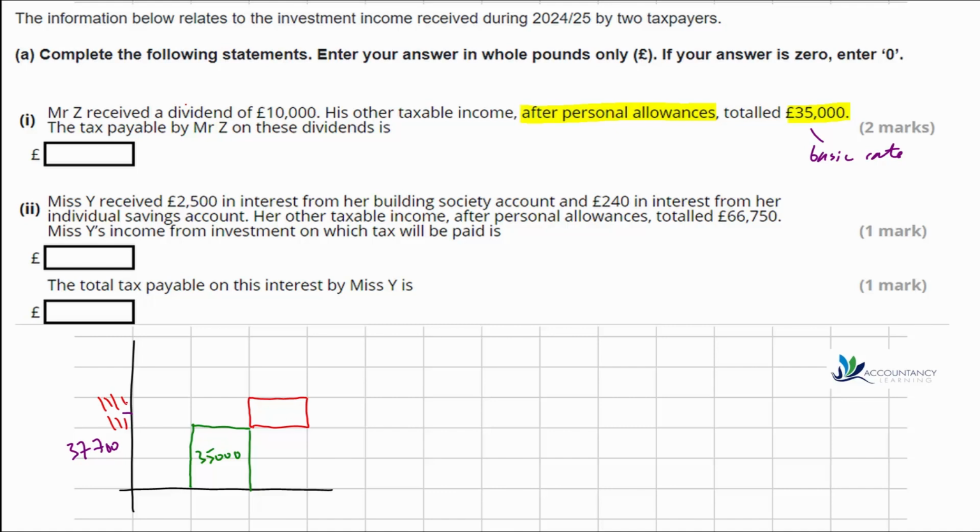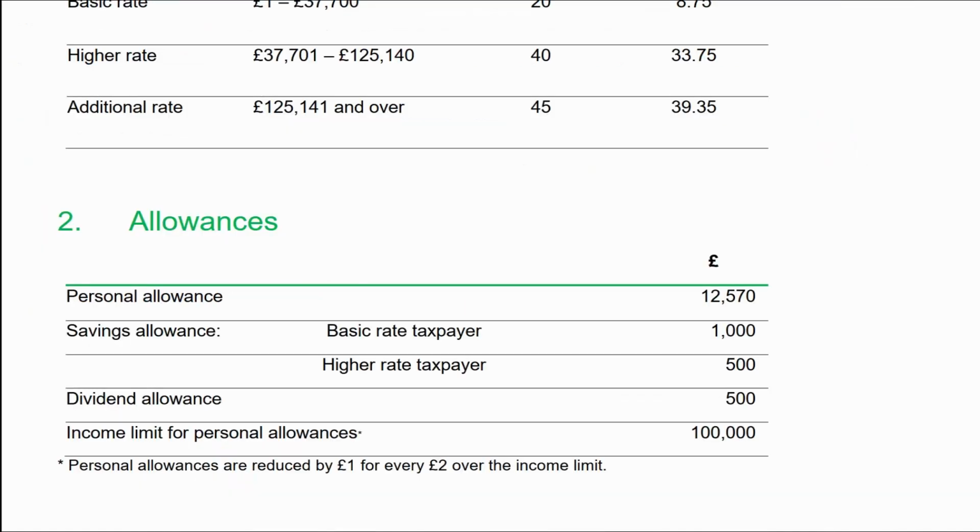Of that £10,000, we need to recognise that some of it is covered by the dividend allowance. Let's look at the reference materials to remind ourselves what that is. Looking at section 2 of the reference materials, there is a dividend allowance of £500.